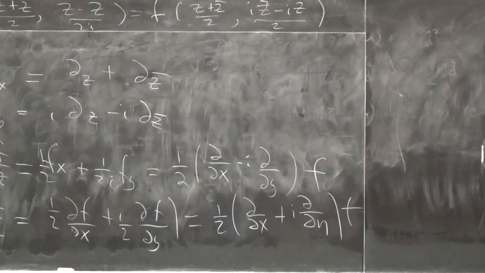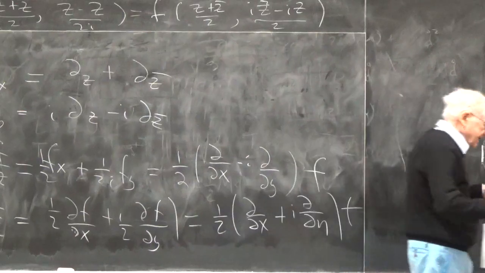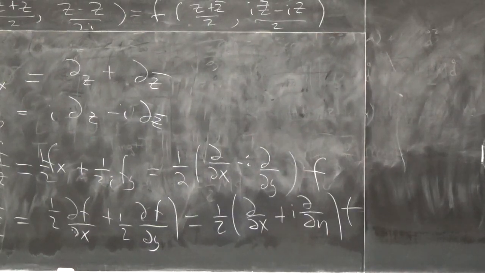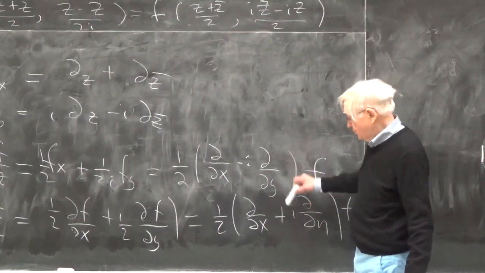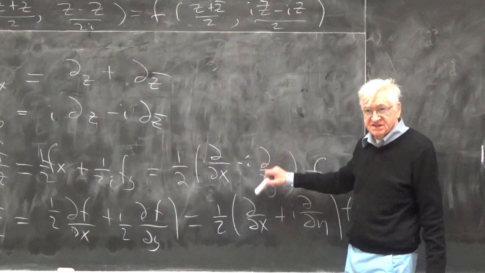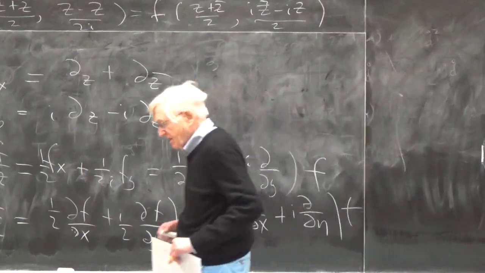So that's how we can think of the derivative with respect to z and the derivative with respect to z bar. And just as the derivative with respect to x and the derivative with respect to y are independent derivatives, so too it's often convenient to think of the derivatives with respect to z and z bar this way, and to think of them as independent things.